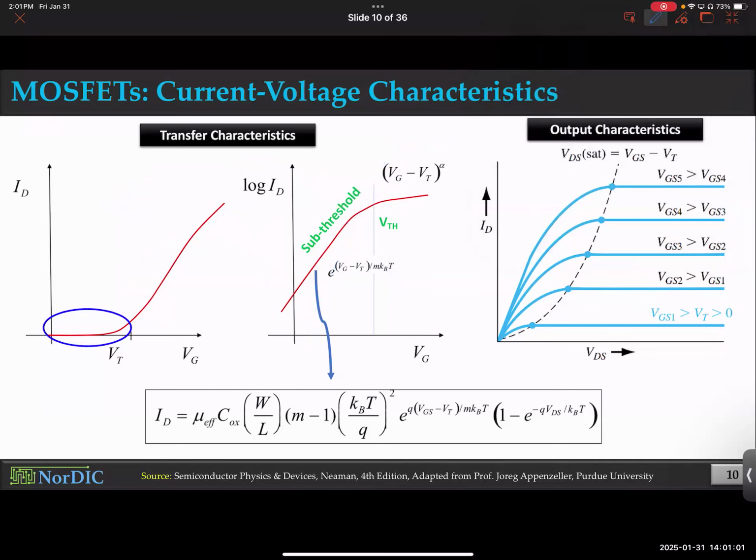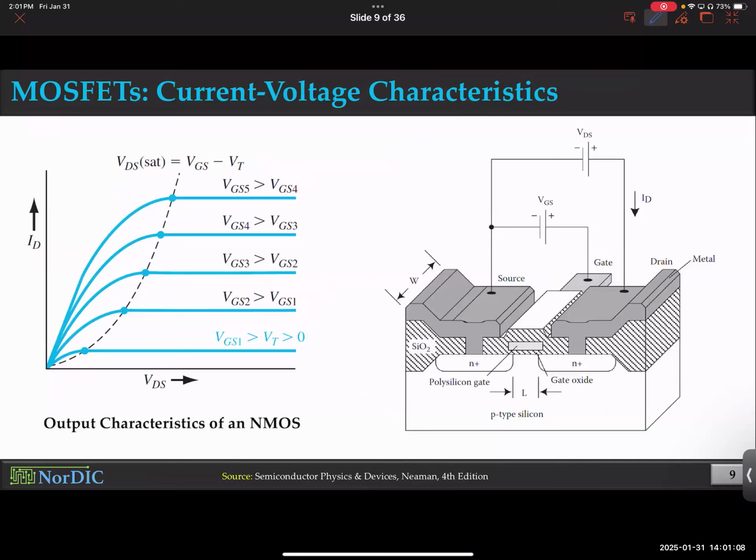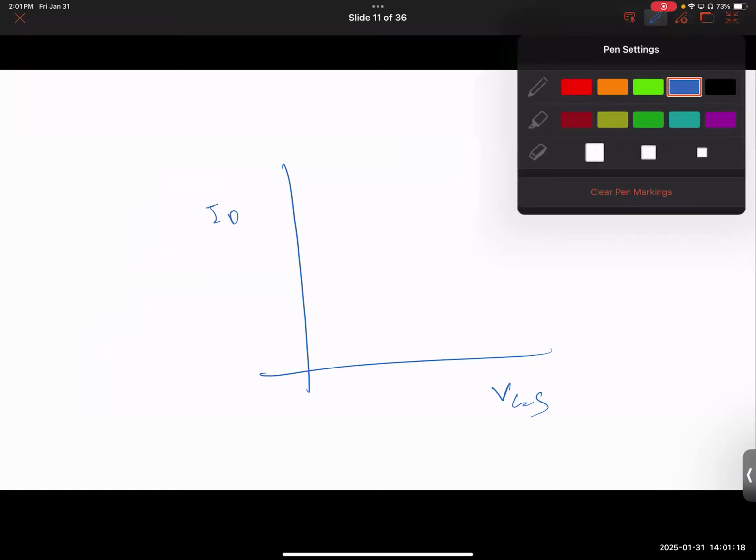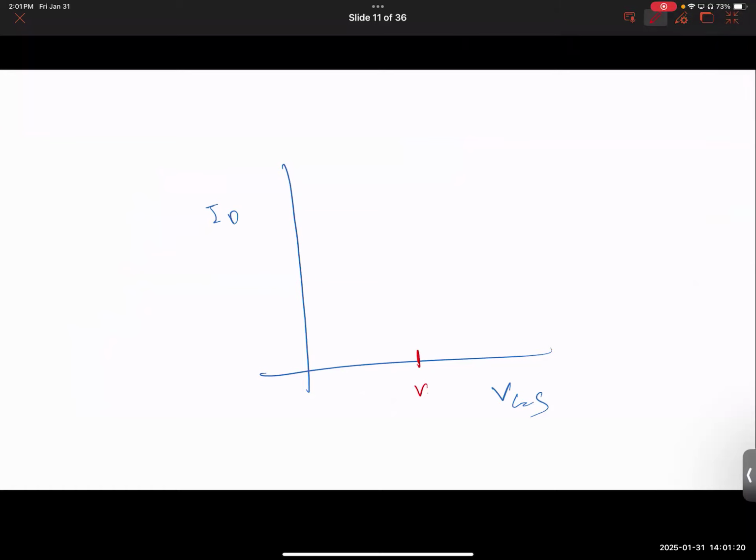So VLSI engineers typically represent ID-VG in this fashion. So if I ask you to draw ID versus VGS characteristics for this course or any other VLSI courses, you should first draw threshold voltage, VTH.